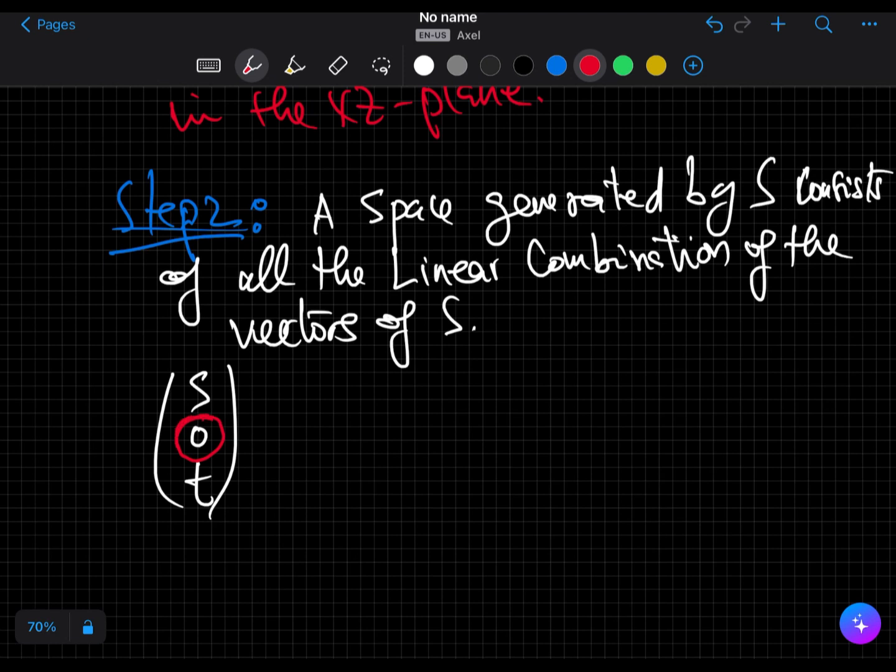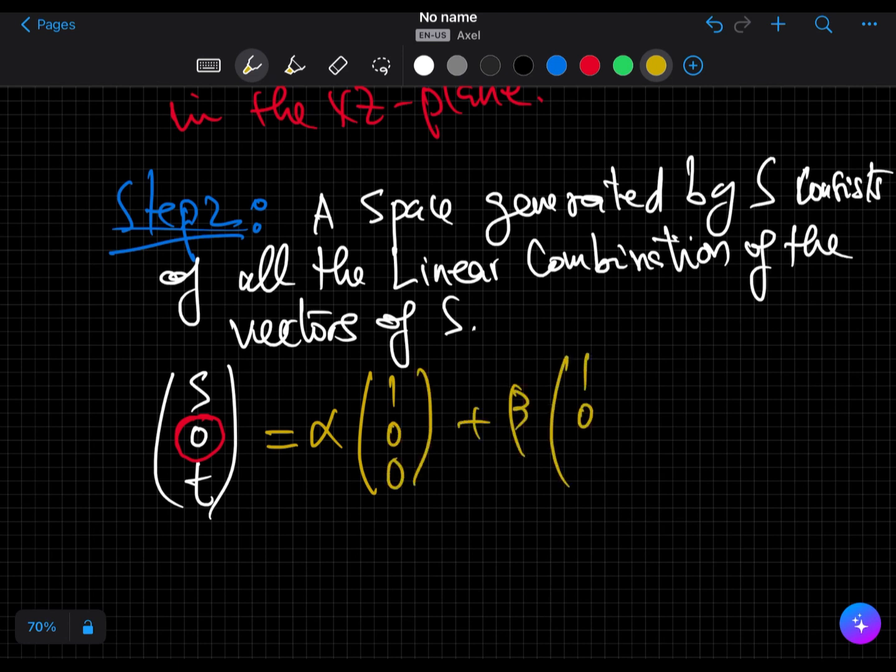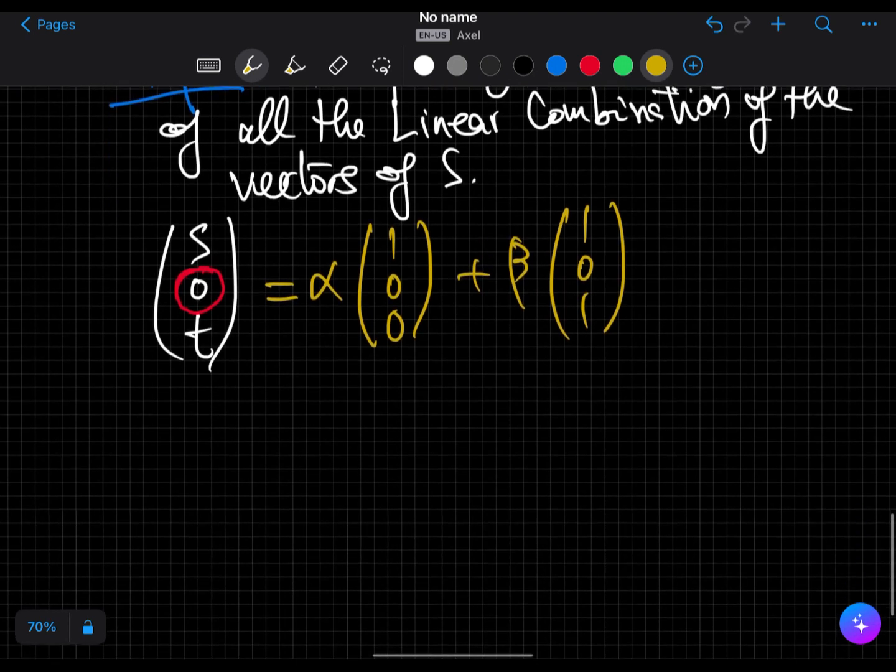And this arbitrary vector should be written as a linear combination of the vectors of S, alpha(1, 0, 0) and beta(1, 0, 1).